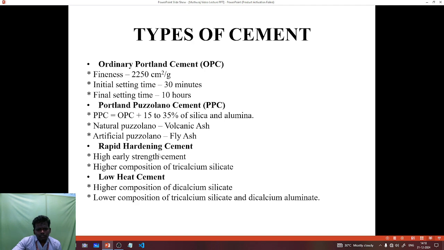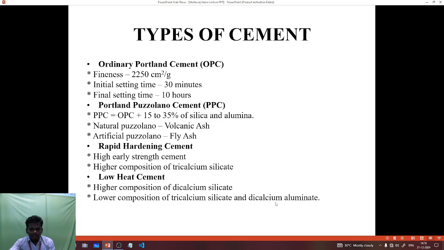Rapid hardening cement is a high early strength cement with a higher composition of tricalcium silicate. Low heat cement has a higher composition of dicalcium silicate and a lower composition of tricalcium silicate and tricalcium aluminate. There are four major compounds in the composition of cement, from the clay minerals: tricalcium silicate, dicalcium silicate, tricalcium aluminate, and tetracalcium aluminoferrite.